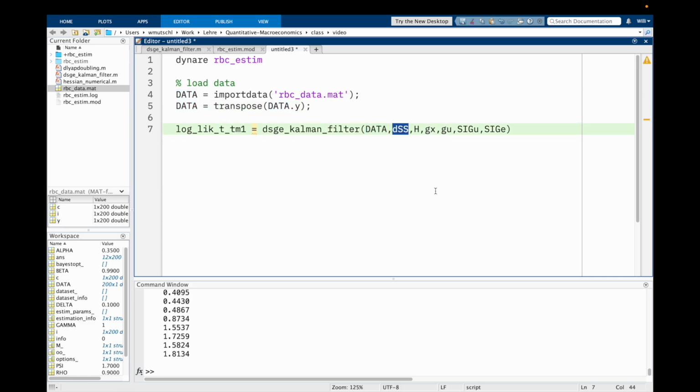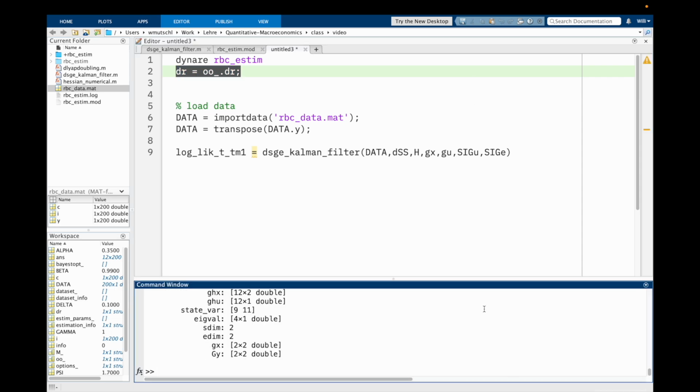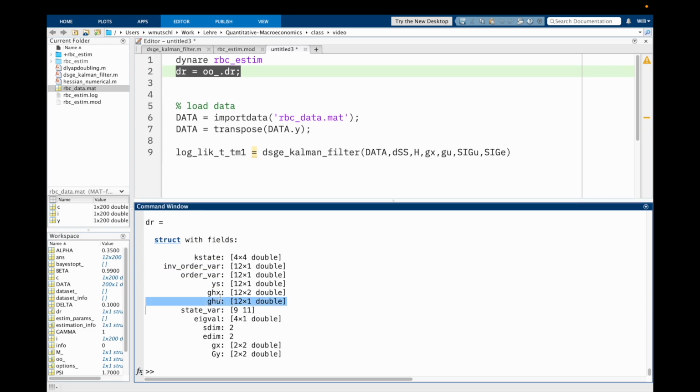Great. Then I need to get the steady state for my observables. So I need to back out from Dynare stuff, and what we are going to use is the information that Dynare produced on the decision rule or the policy function already. This is all stored in oo_.dr. So let me store that. Okay, so actually Dynare already computed my state space matrices and the steady state of the variables right here.